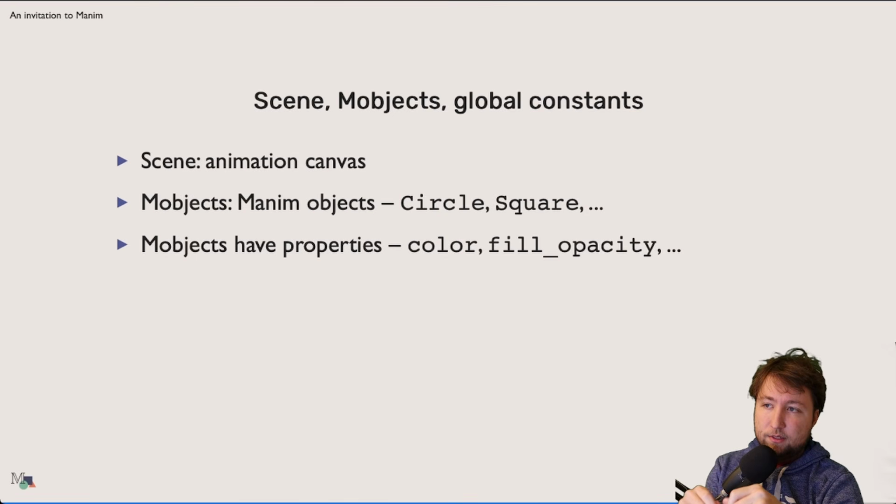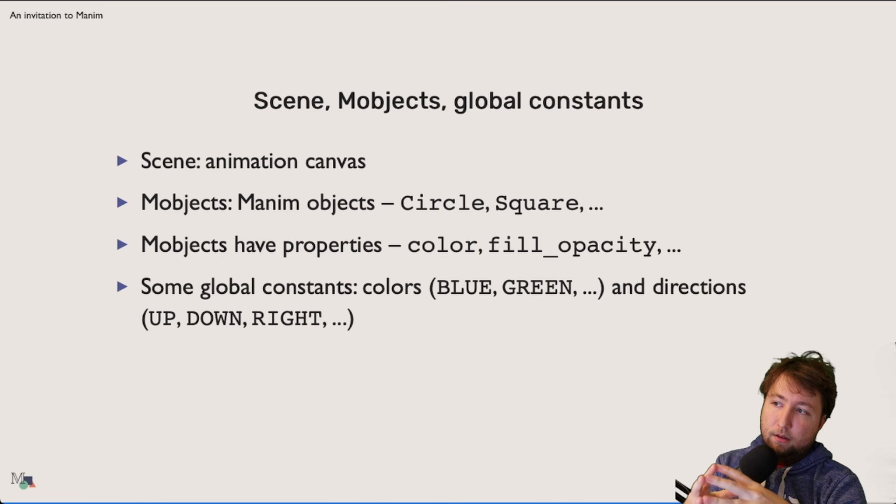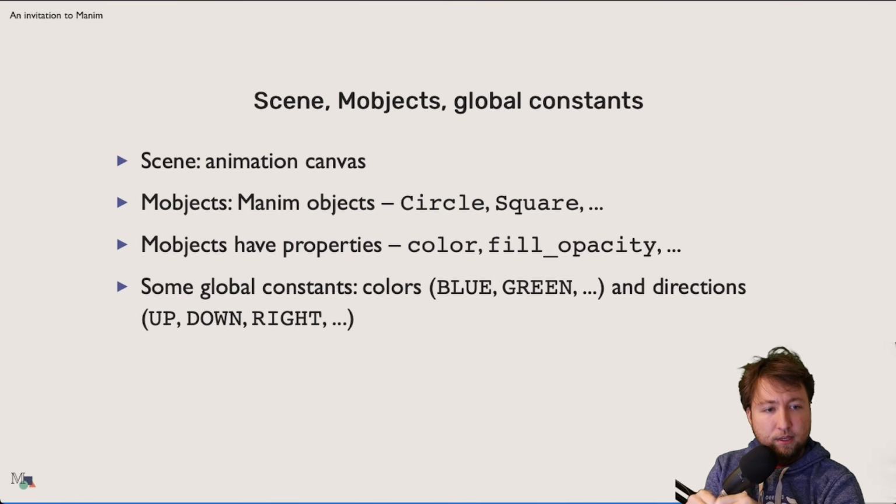In particular, we've seen color and fill opacity, but you can imagine there are lots more, especially if you are looking at more specialized objects. We have also seen some global constants. In this case, we have seen colors, blue and green, and some directions. In the last example, there was only right, but you can imagine there is up and down as well, left as well, actually also in and out, but those are not that important right now.